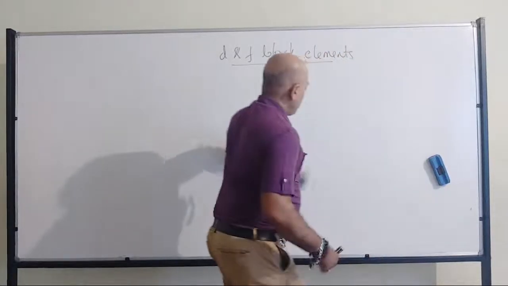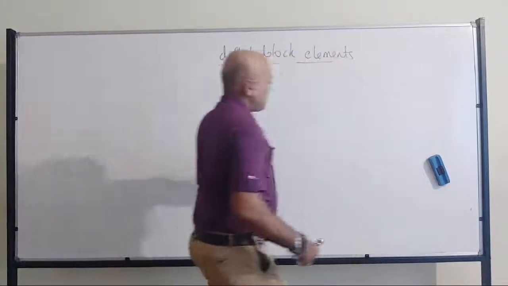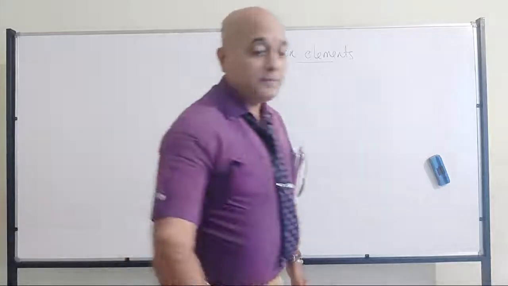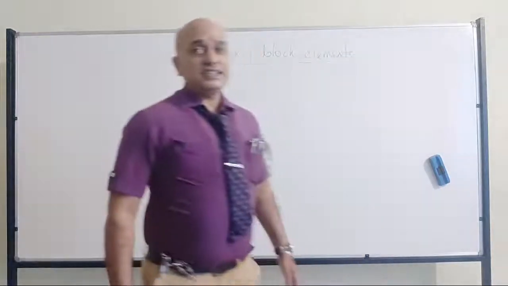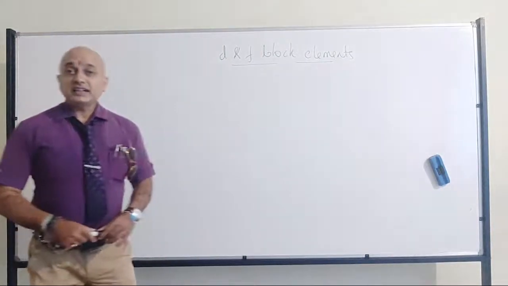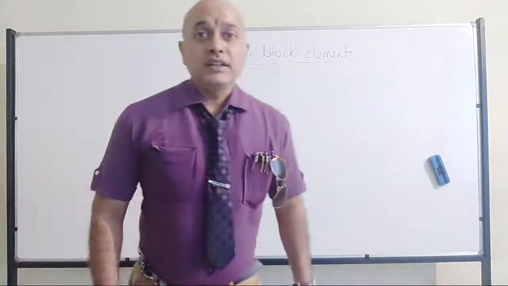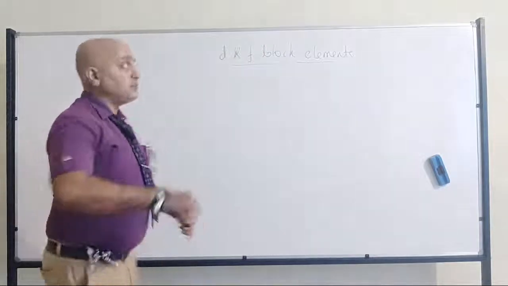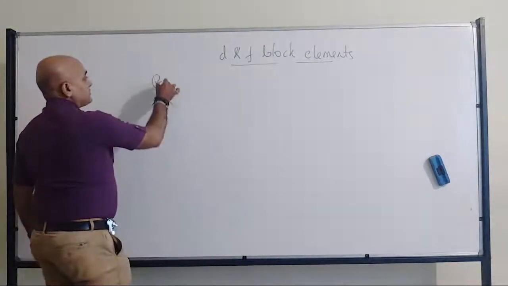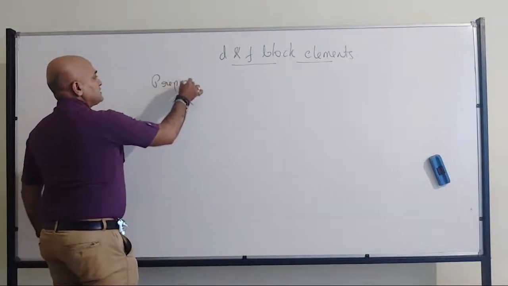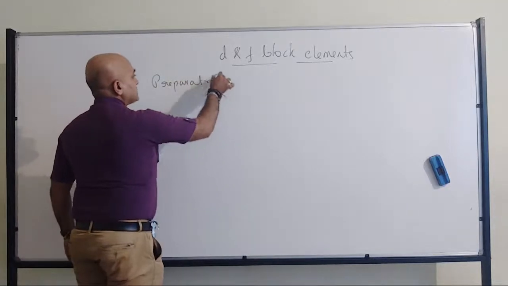Now what is the speciality of permanganate? It can act as a strong oxidizing agent. We will come to that later. So before that we have discussed about the preparation.